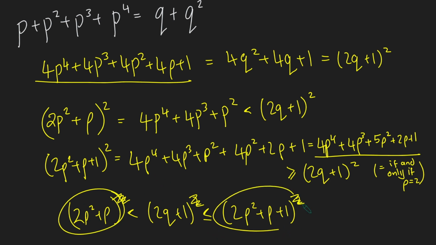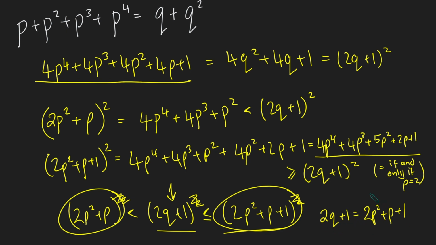But these are consecutive integers, and 2q plus 1 is supposed to be an integer. And the only way you can have an integer bigger than this integer but smaller than or equal to the next integer is if these two equal each other. So we have that 2q plus 1 equals 2p squared plus p plus 1.